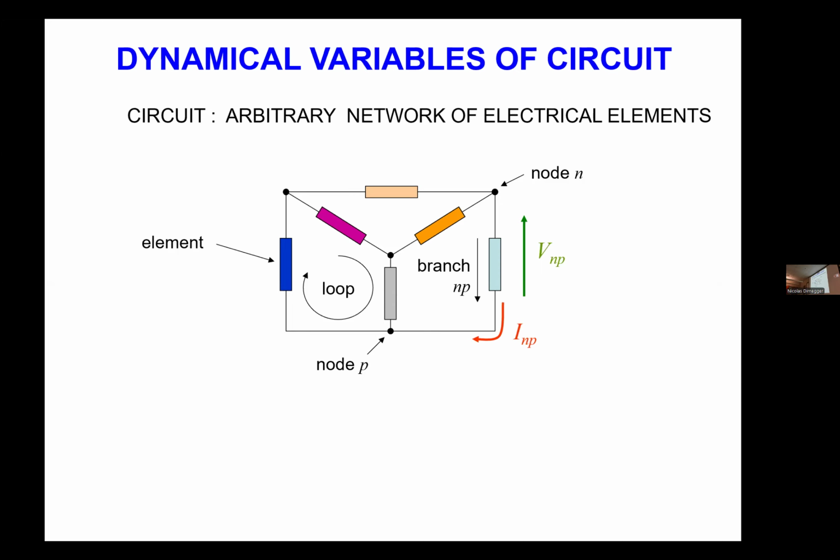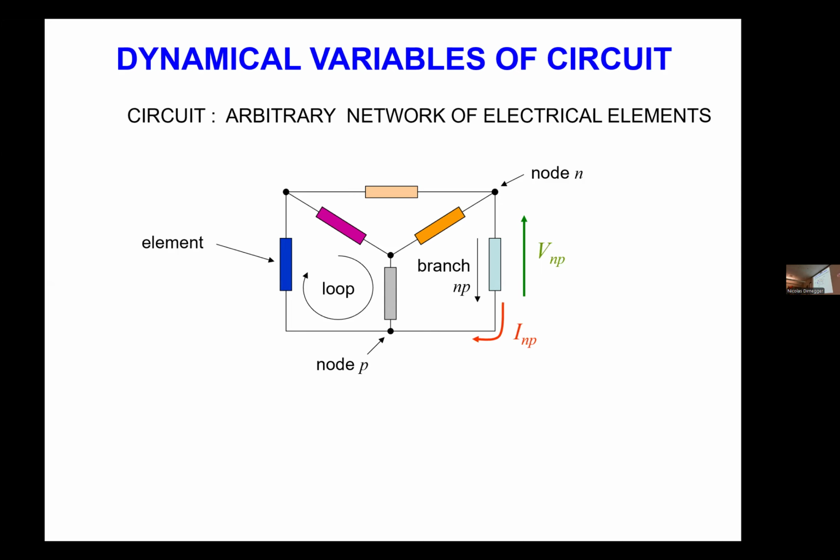Something very important to learn from the very beginning is what we call the voltage of a branch. A branch is defined by its two extreme nodes here. As you can see, the arrow with which the voltage is counted and the arrow for the counting of the current are opposite. This is a very useful trick that removes all the negative signs in electrical formulas.